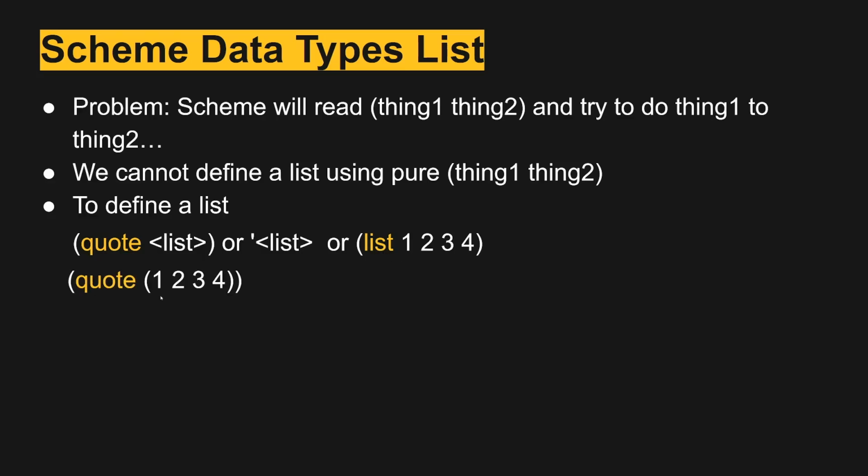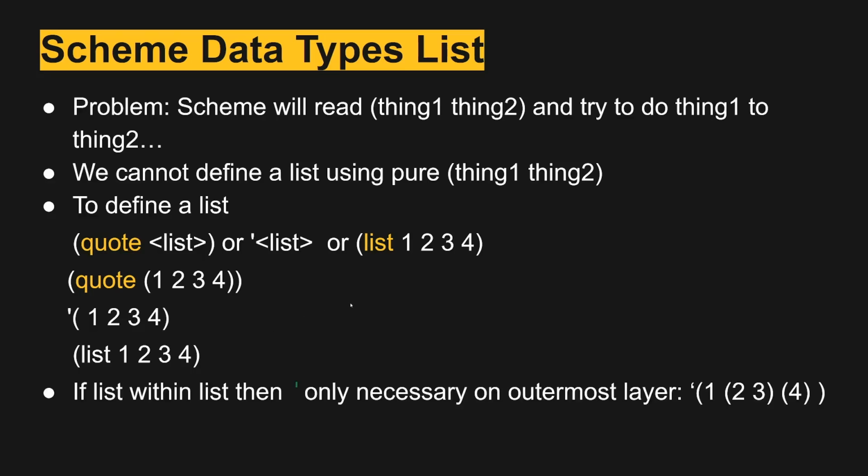So this would define a list of 1, 2, 3, 4, which is equivalent to single quote, open paren 1, 2, 3, 4, or list 1, 2, 3, 4. As soon as we define it with the single quote, it's going to treat it as a list, and that includes everything within it.